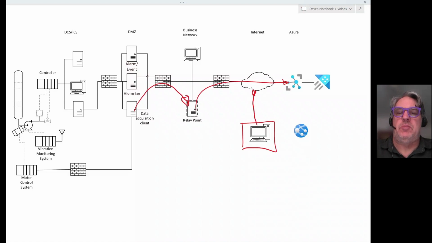What we now need to worry about is how a user can interact with that system and we can know that they are who they are. So first of all, what we need in Azure is this data acquisition management application. Think of it as a website.